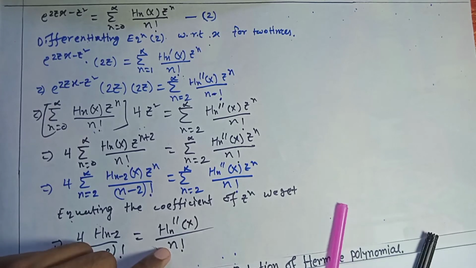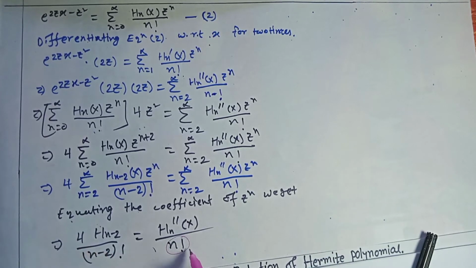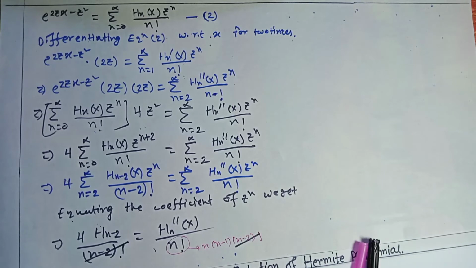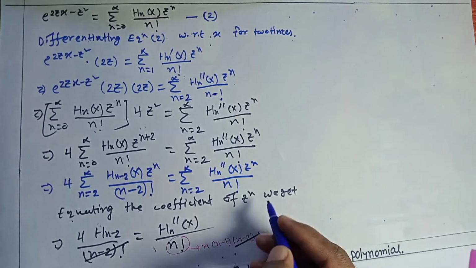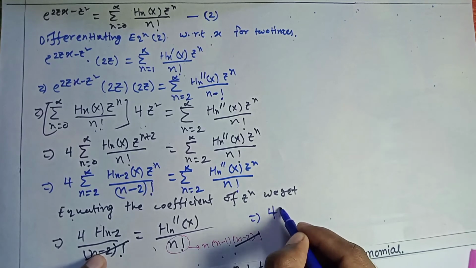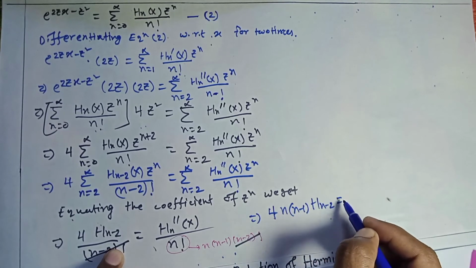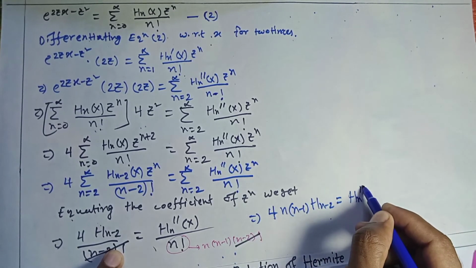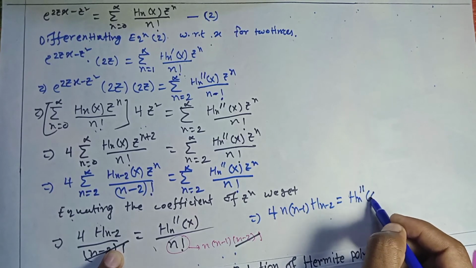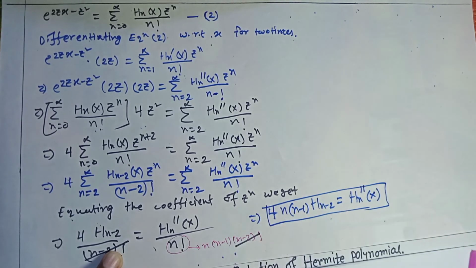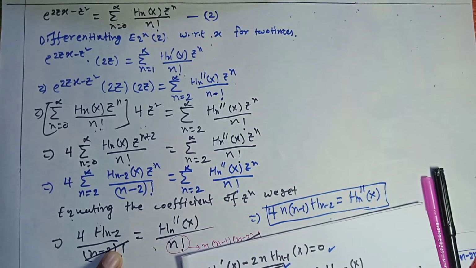We take n factorial as n into n minus 1 into n minus 2 factorial. Then n minus 2 factorial and n minus 2 factorial get cancelled, and we get 4 into n into n minus 1 Sn minus 2 is equal to Sn double dash of x. This is the second relation.